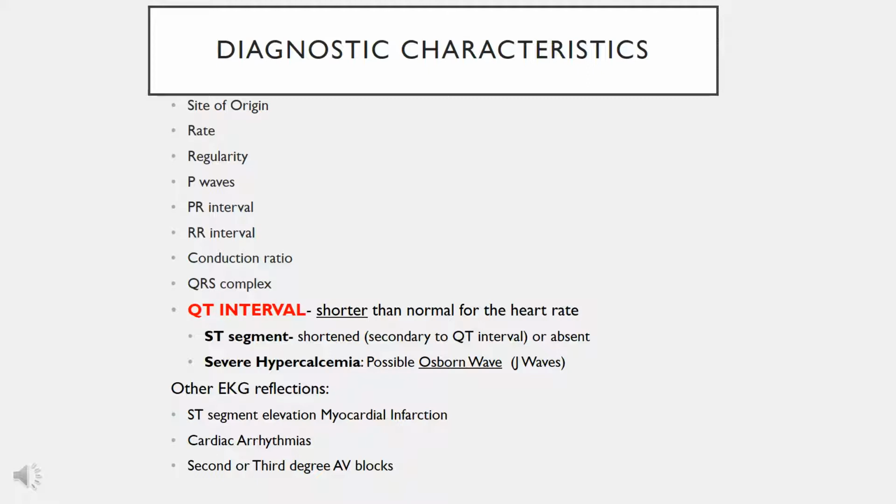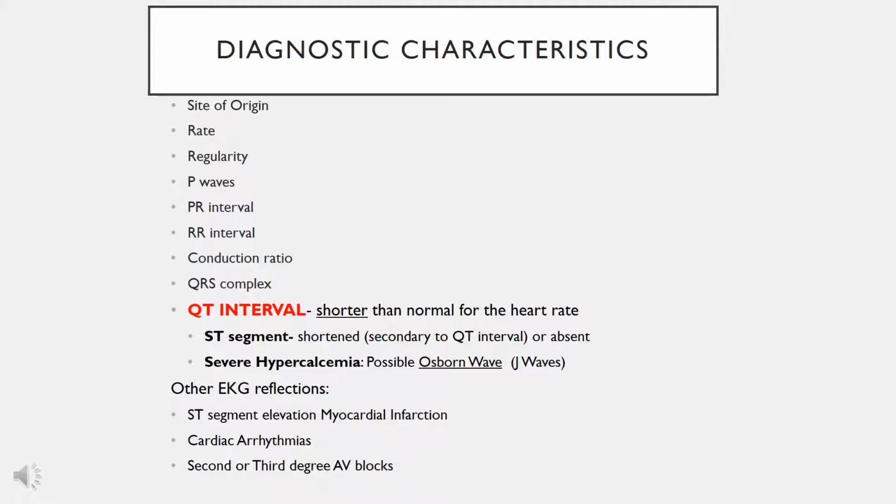Other EKG reflections can include that severe hypercalcemia can mimic a myocardial infarction by having an elevated ST segment. Hypercalcemia is not usually found in cardiac arrhythmias, but sudden death during hyperparathyroid crisis and other conditions associated with severe hypercalcemia have been seen to be caused by ventricular fibrillation.